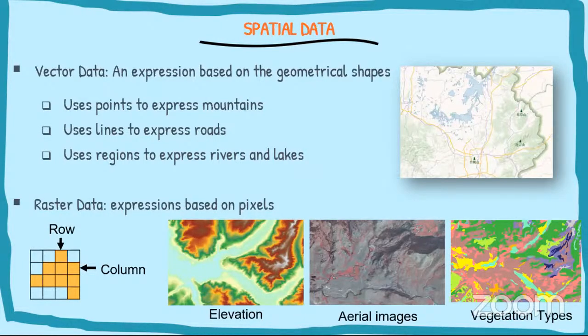As you can see on the slide, this is the example of the vector data and this one is the example of the raster data represented in the map.